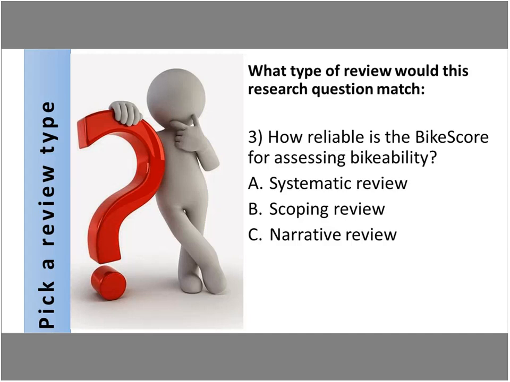For her purposes, what she was really trying to do was compare different bikeability assessments and help city managers and different groups to figure out which was the best, most efficient or most affordable, or what they could do. So she ended up deciding to do a scoping review.